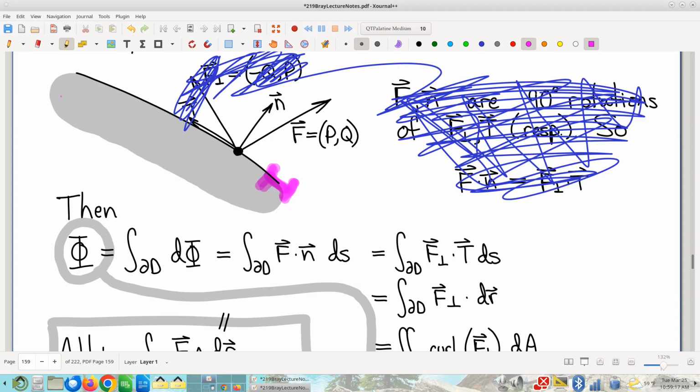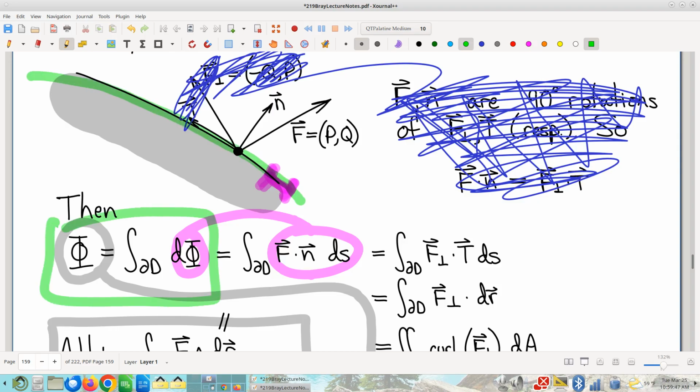And since those points are all close to each other, the vector field's approximately constant. So on that little piece, it's really easy to say, just using the formula on the previous page that y'all are going to derive for yourselves, F dot n times length, and the length of that little piece of curve is ds. So we just write that down, super easy. And then, of course, I want to add up over the entire curve to get the total flux.